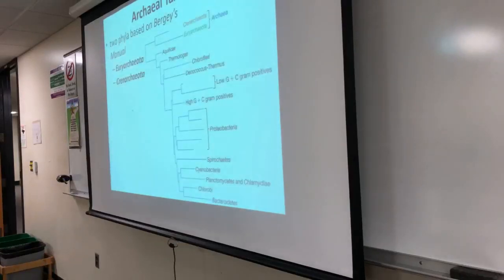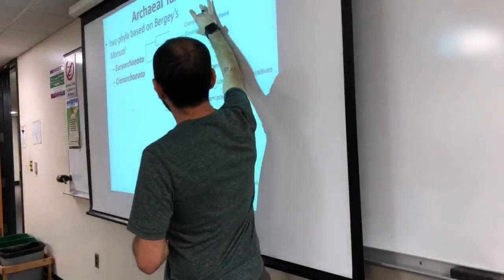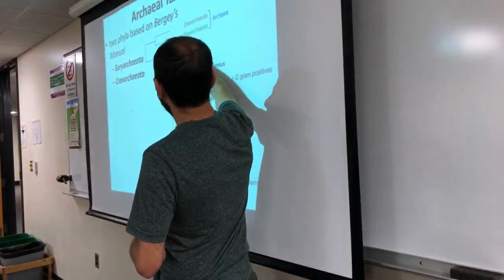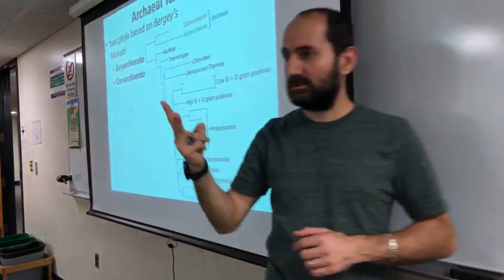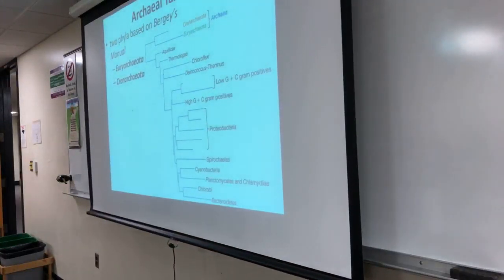Now there are two phyla, right? You should know there are two phyla of archaea, okay? Euryarchaeota and Crenarchaeota. Right now we're just talking about these two. Those are the two phyla of archaea, okay?